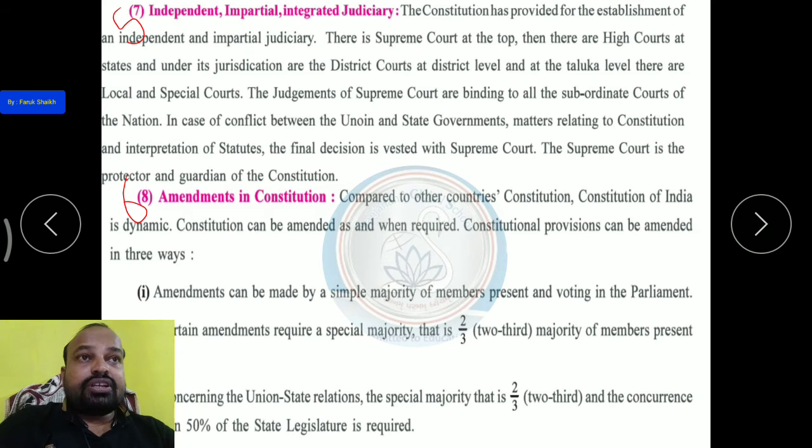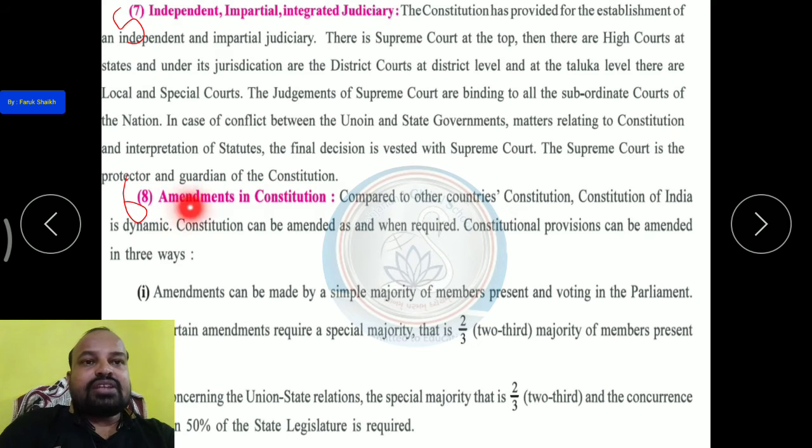So there will be disagreement between the two political parties, between the state level and the union level. Many times conflicts are raised, and conflicts related to the constitution are solved by the Supreme Court.